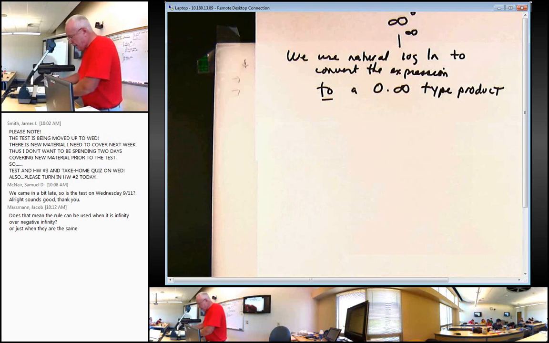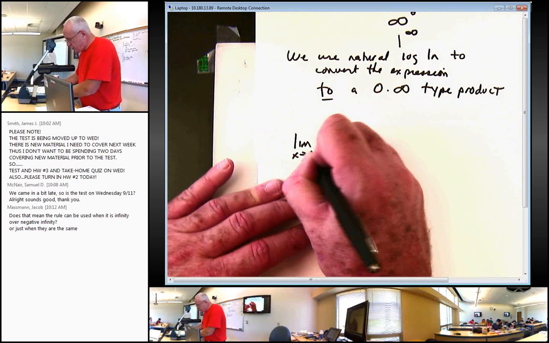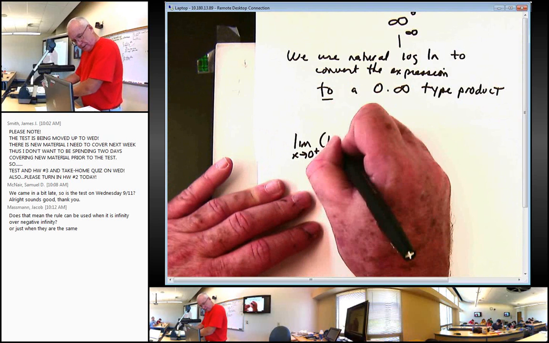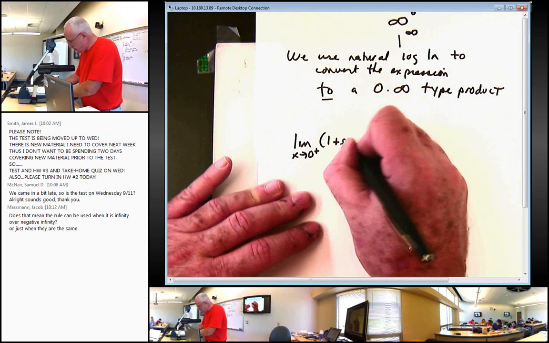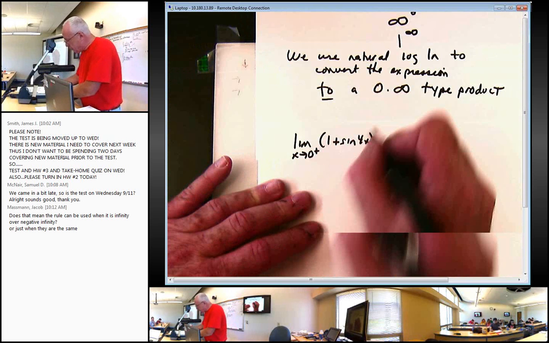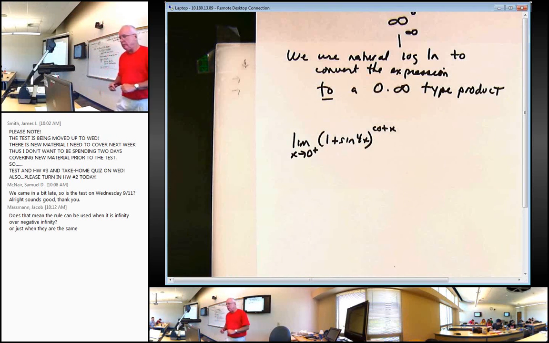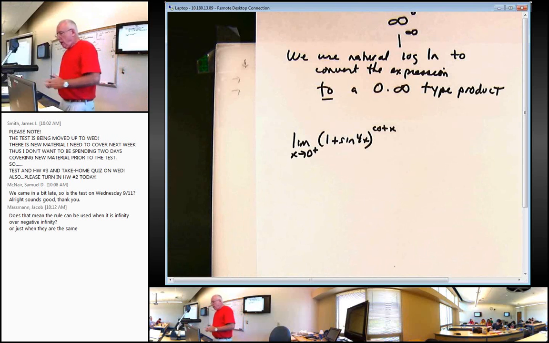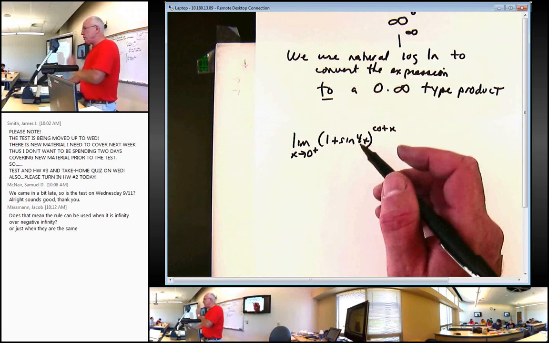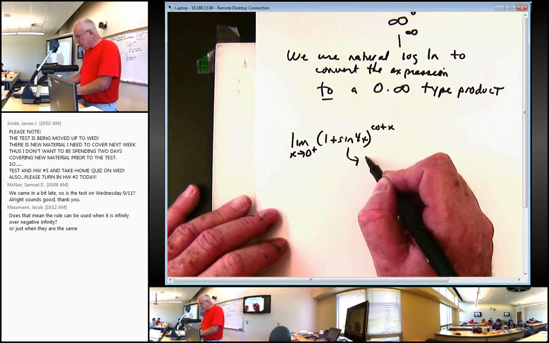Let's look at the limit as x approaches 0 from the plus side of (1 plus the sine of 4x), close parentheses, raised to the cotangent of x power. Ugh, all right. Okay. Now, when x goes to 0, the sine goes to 0. So 1 plus the sine is going to go to 1.